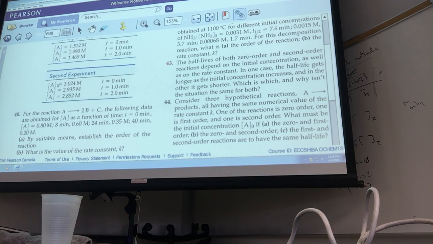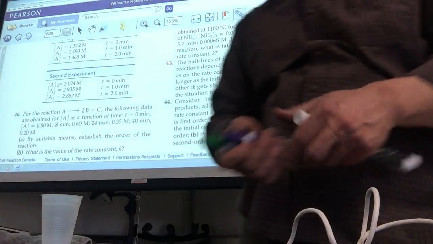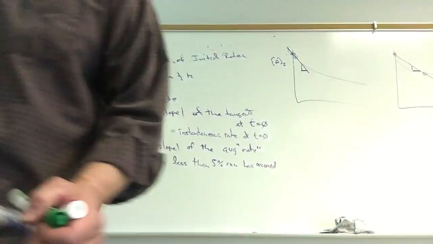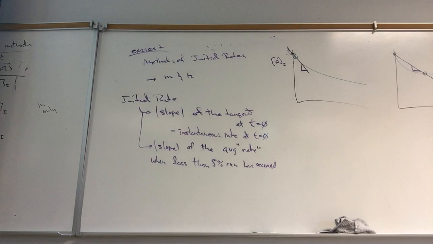Versus here, if I wait too long, and I say, okay, I'm just going to take the average slope here, that average slope is nowhere near my initial. And so this is why we say, okay, within 5%, that's an acceptable way. That way, I don't have to calculate.